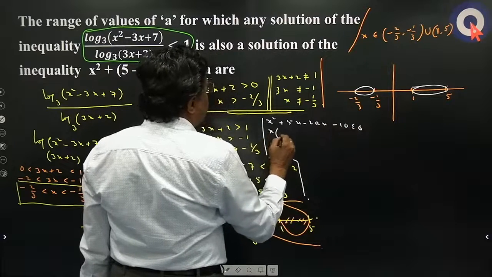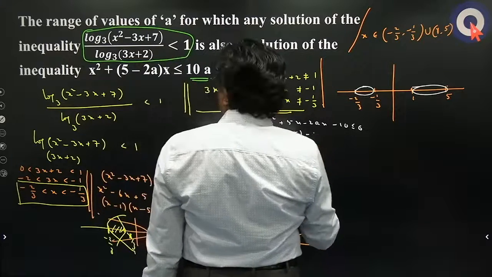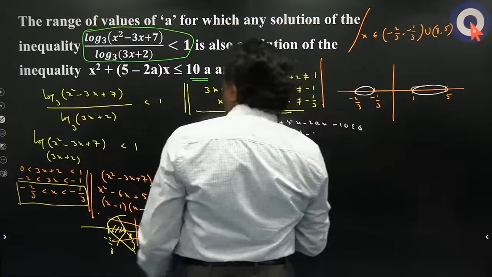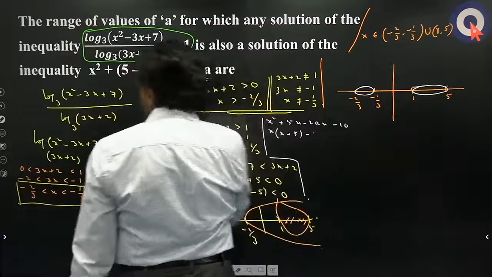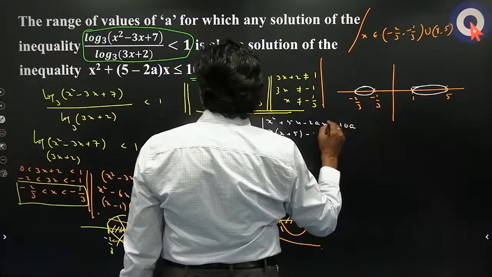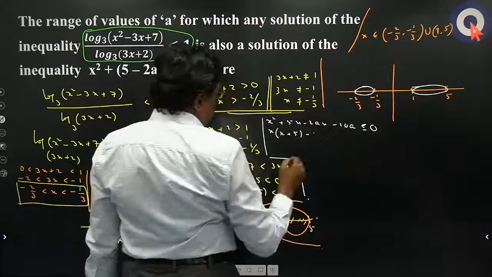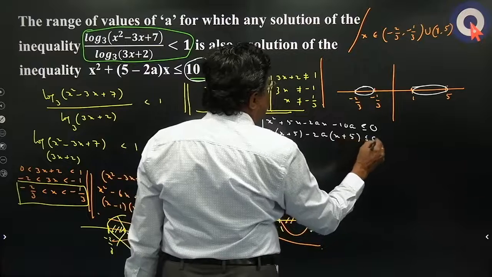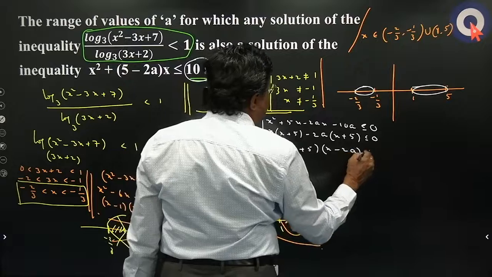We can see x into x plus 5 minus 2a into x plus 5 is less than or equal to 0. So we have x plus 5 into x minus 2a has to be less than or equal to 0.